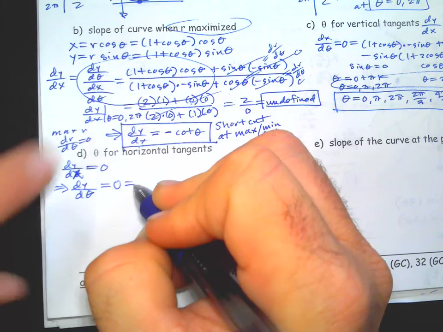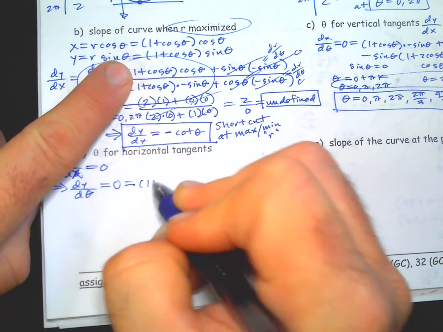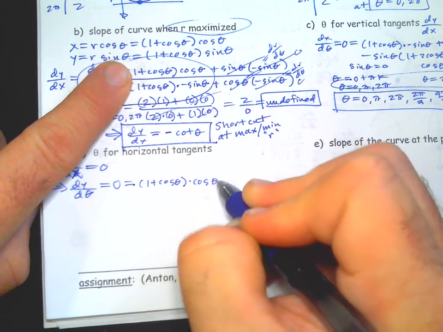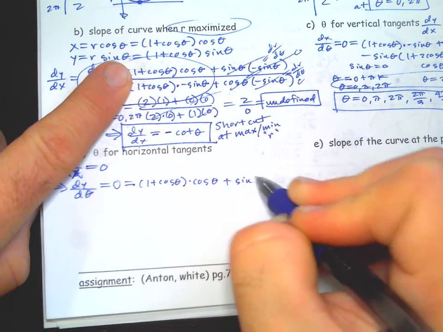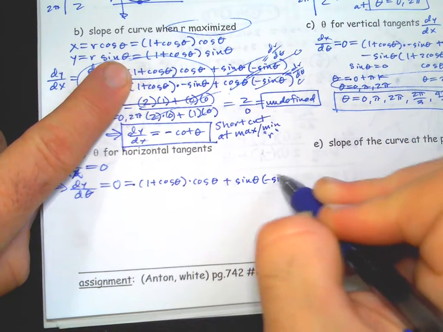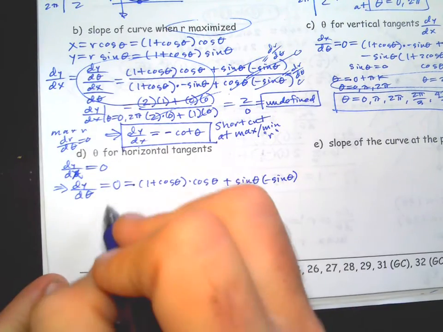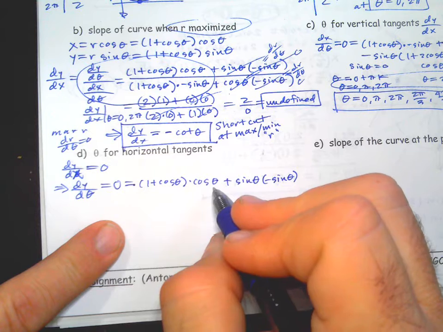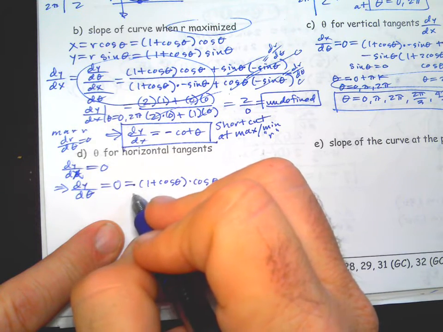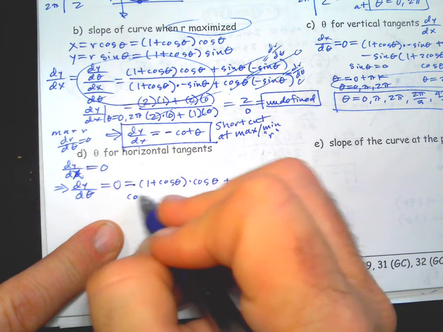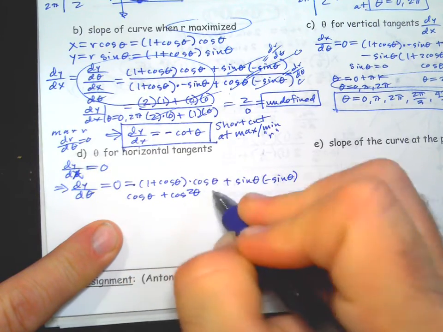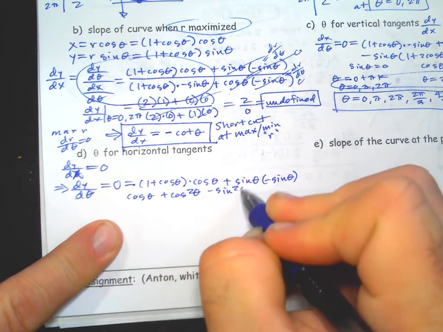And so dy d theta is going to be 1 plus cosine theta times cosine theta plus sine theta times negative sine theta. Do a little quick product rule there. Let's see. I think we get cosine theta plus cosine squared theta minus sine squared theta equals 0.